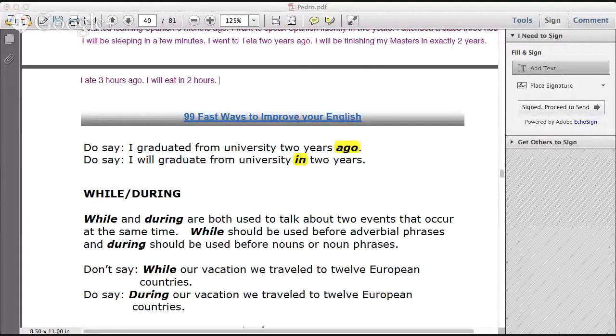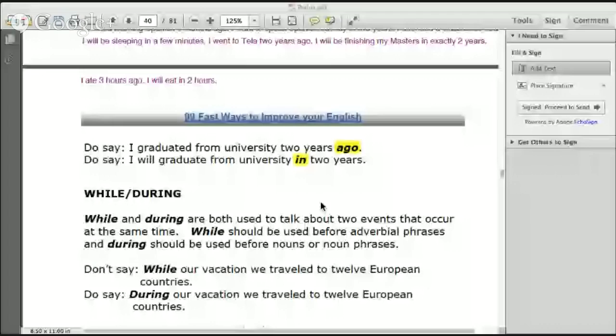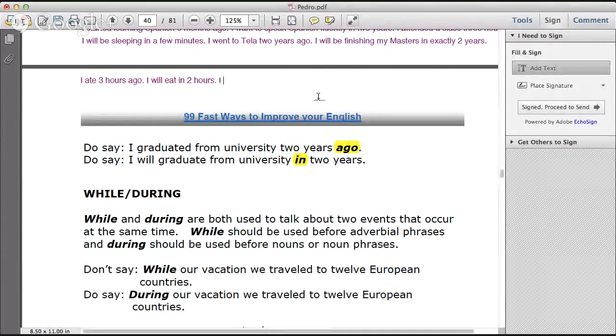How about Javier? I traveled to Brazil 2 years ago. Okay, I traveled. Now, instead of traveled, we want to say traveled. I traveled to Brazil 2 years ago. Great.